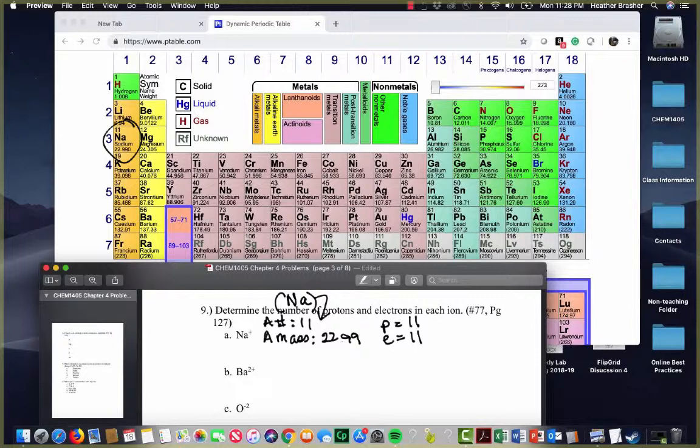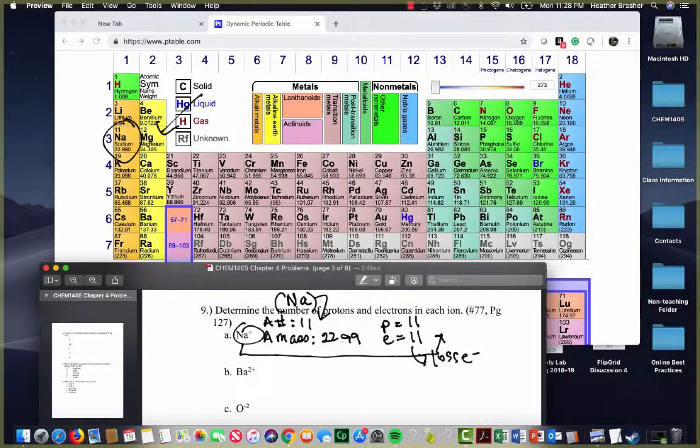And so in this case, when we ionize, it means that basically we have a +1. So we have 1 extra positive charge. Well, we're not going to get protons, right? We're not going to go up to 12 because if you go to 12, you are going to turn into magnesium. So what's going to happen is you are going to lose an electron.